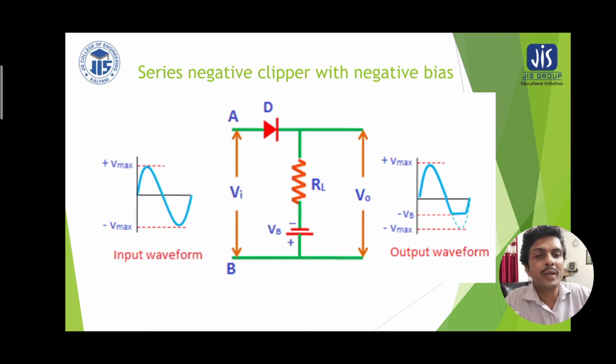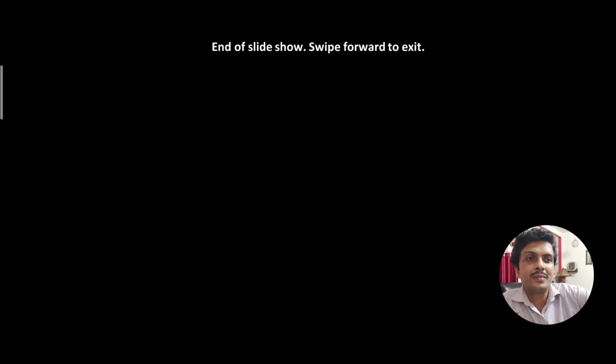Therefore the output is constant during that part of the negative half cycle, and partial clipping of the negative half cycle has been done. That is why it is a series negative clipper with negative bias. Thank you.